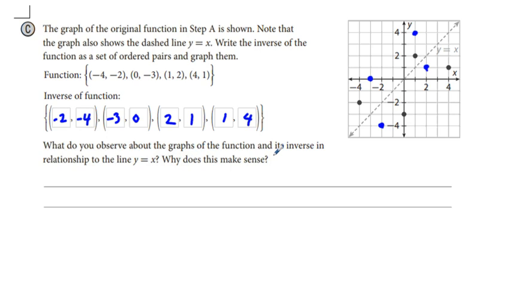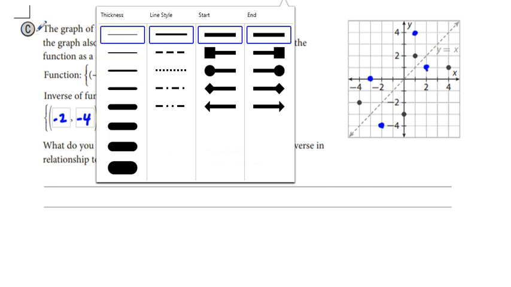What do you observe about the graphs of the function and its inverse in relationship to the line y equals x? Here's the line y equals x, this diagonal line. Now I'm going to draw an arrow to demonstrate that we are reflecting about the line y equals x. This one comes down here, just drawing across that line. I'm going to get a skinnier pen and make a more detailed drawing.